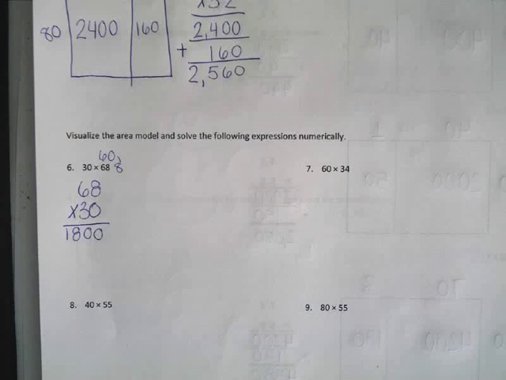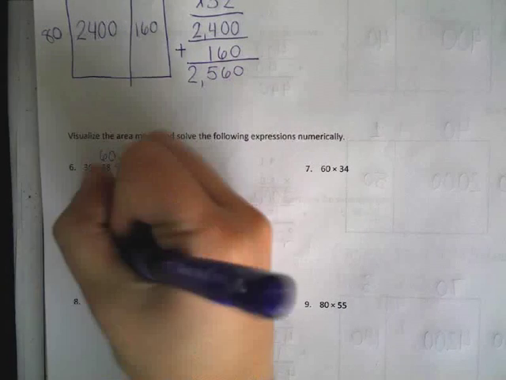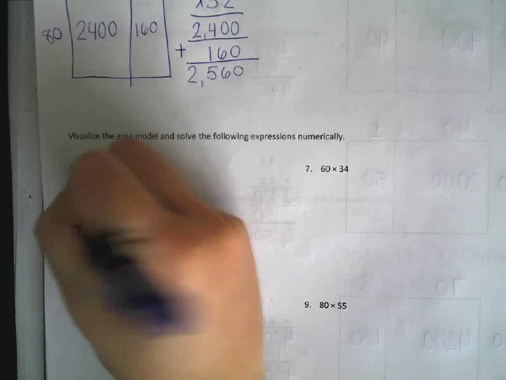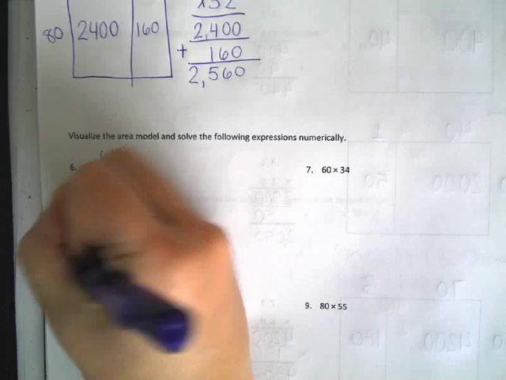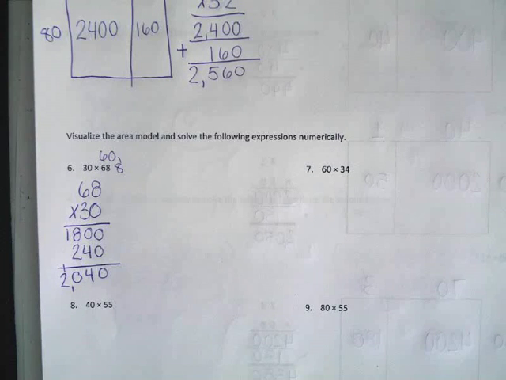Maddie? 3 times 8. Yep, 30 times 8. And 3 times 8 is? 24. And I have to add what to the end? 0. 1 zero. So now let's add these up. Ooh, so it gets a little trickier, right? Because now we don't have the picture to help us.